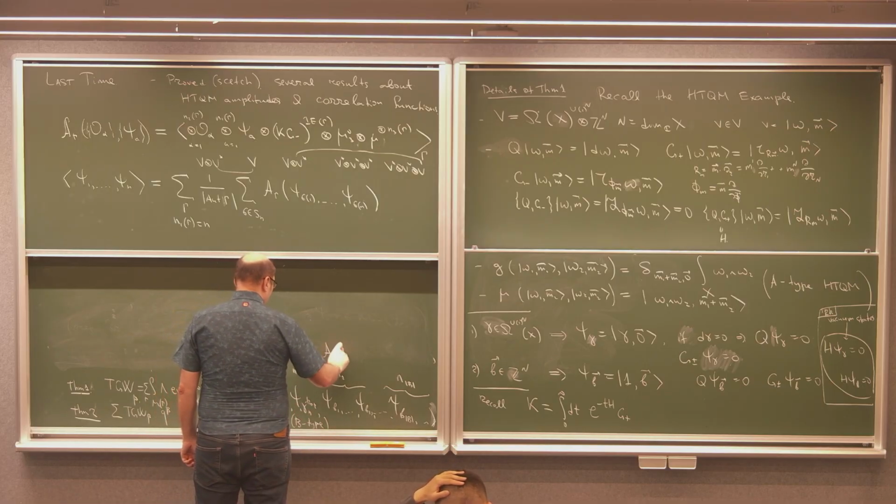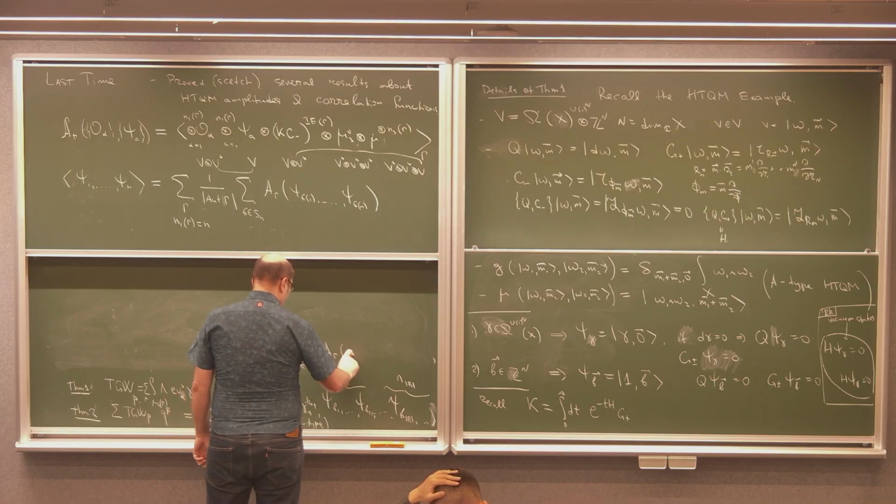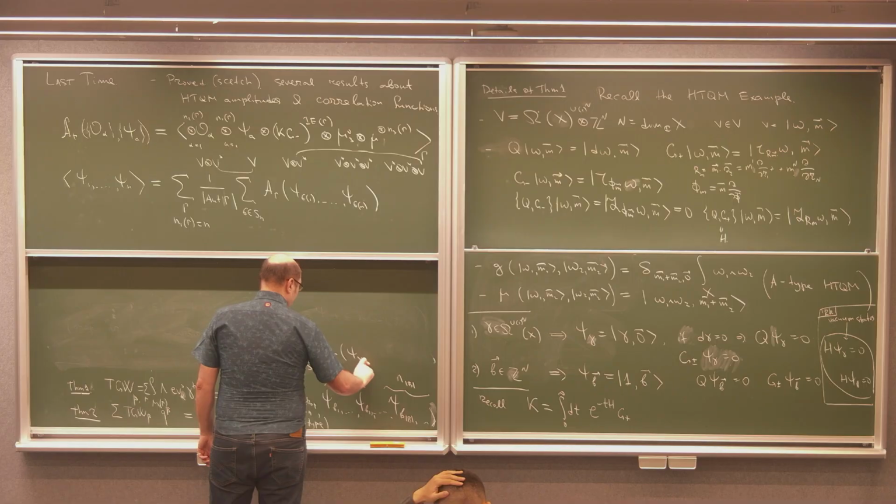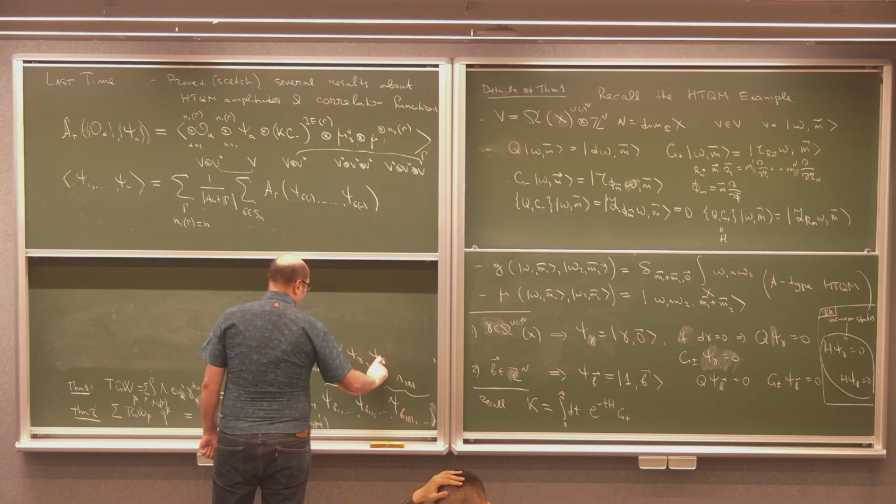But the object that we have in the end is an amplitude with these psi gamma states and psi b states.